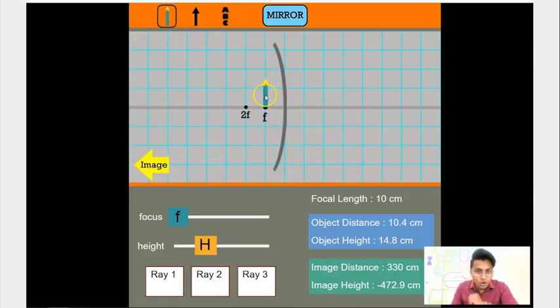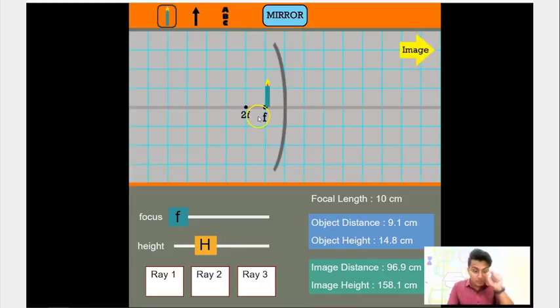For this to be formed, your object distance must be less than the focal length. Look at that. The moment I came in front of the focus, as you can see, the image shifted from left to right. Can you see that? So for a virtual image to be formed, please note it and write now that the object distance must be less than the focal length.